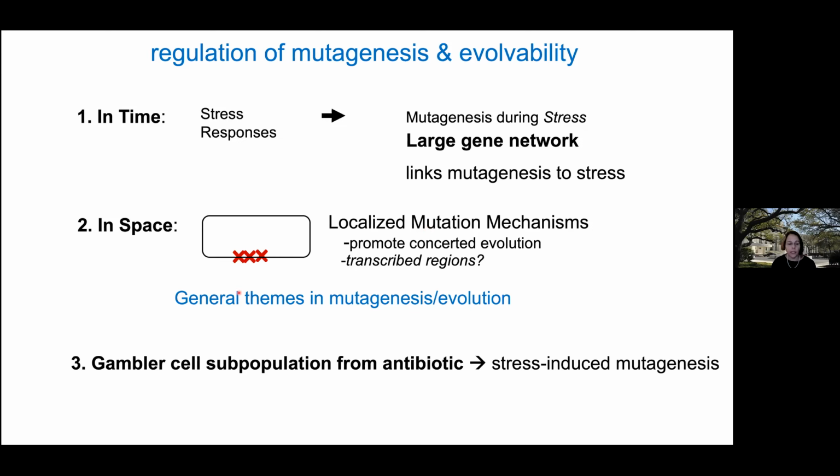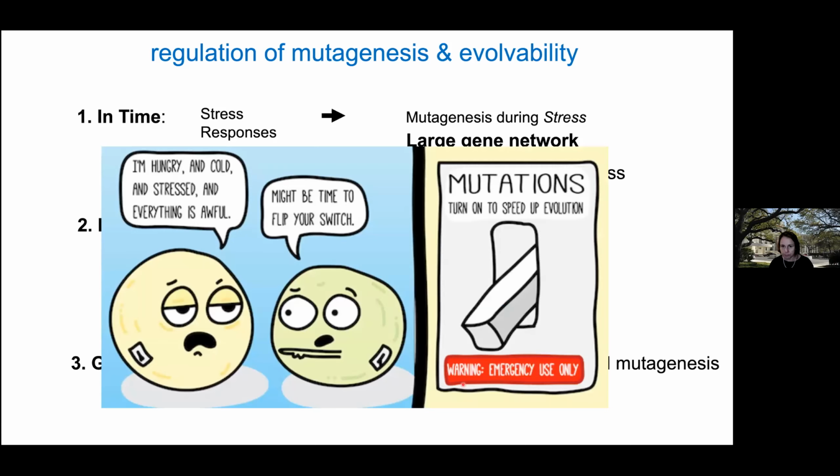And then finally, we'll get into the limitation or regulation of mutagenesis to happening in a small cell subpopulation, which we'll call the gamblers, and that antibiotics induce this. Okay, and this is the take-home message for people who would like to go do something else now.